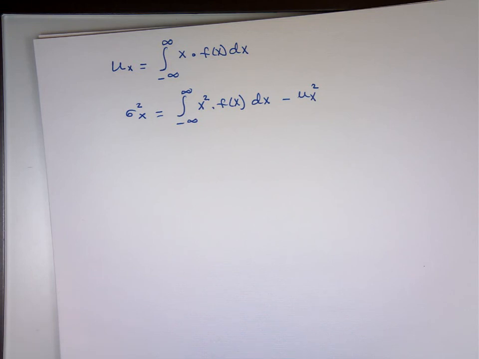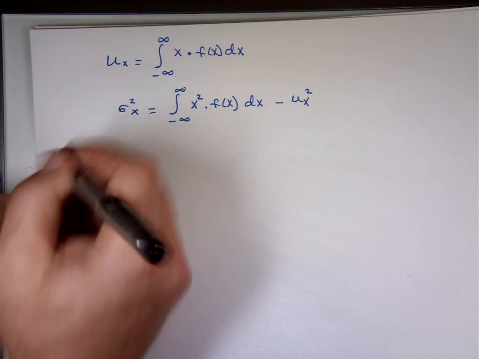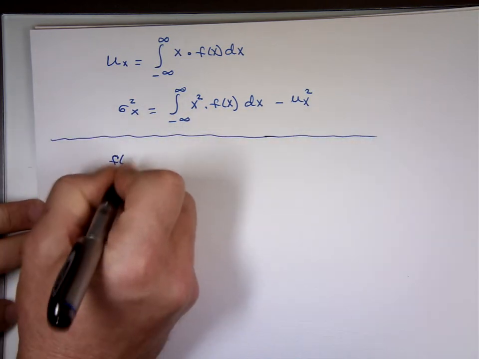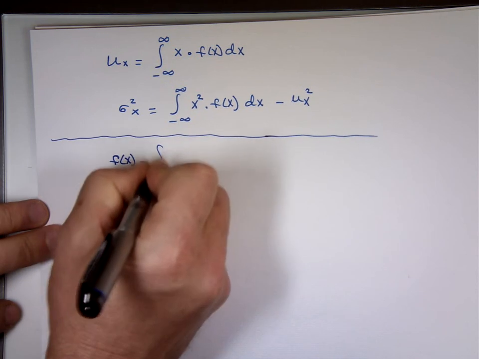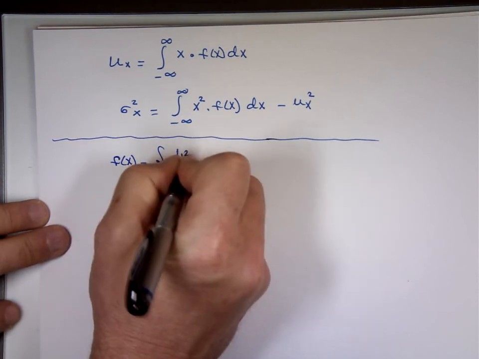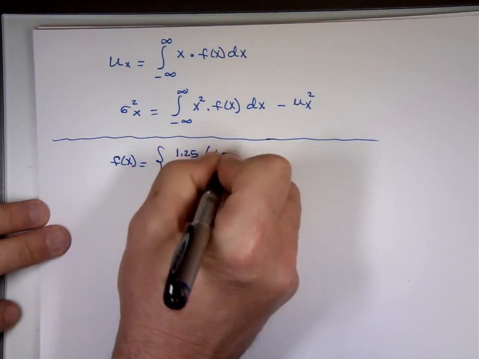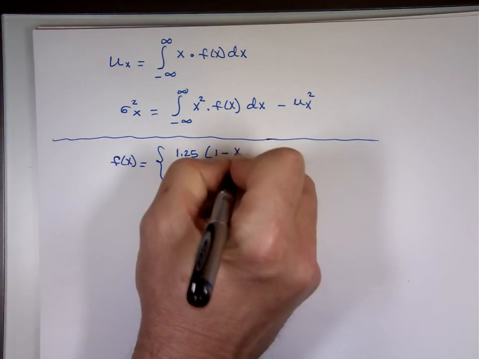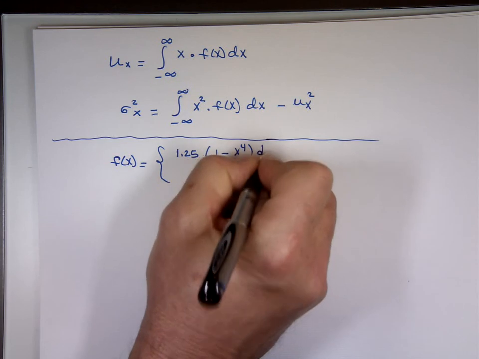Let's go back to the example we did early today. The first one I did today, I had f of x equals 1.25 times 1 minus x to the fourth dx, and that was for x between 0 and 1.